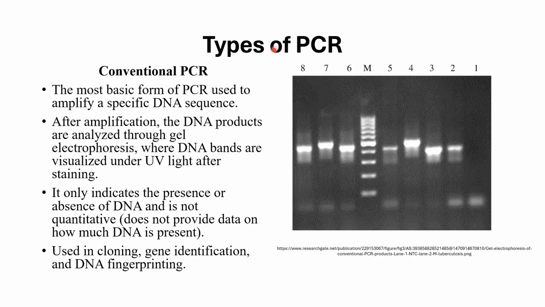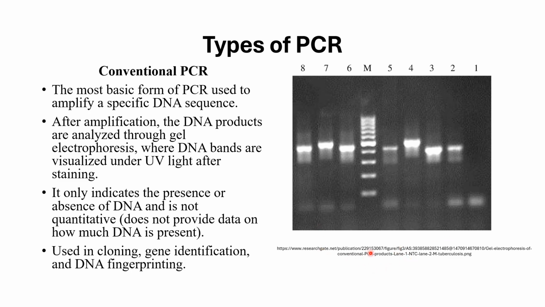Let's look at the types of PCR. What we have described is the conventional PCR. This is the most basic form of PCR, and all that is done is just to amplify the sequence of DNA. Once the DNA sequence has been amplified, how do we detect it's there? Here we can use gel electrophoresis. Here is an example that I got from a site in ResearchGate.